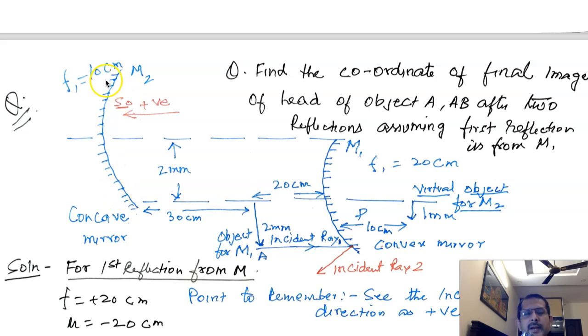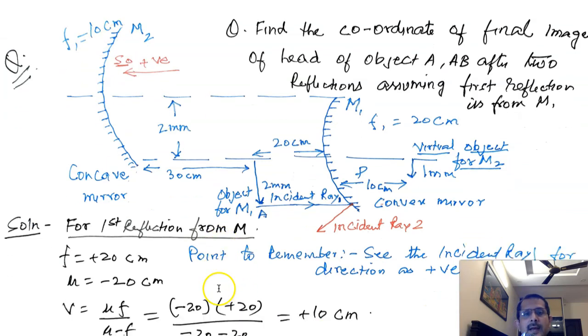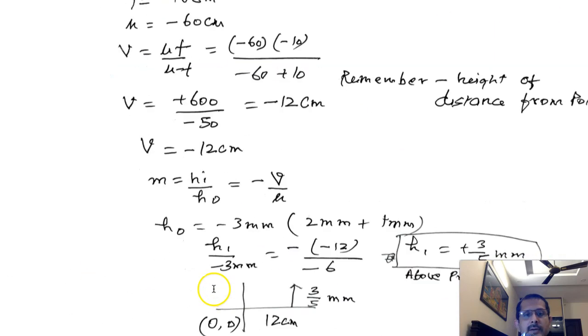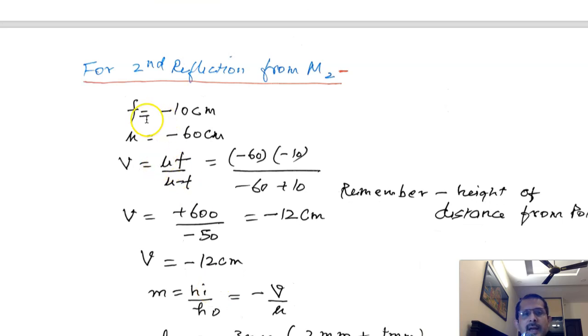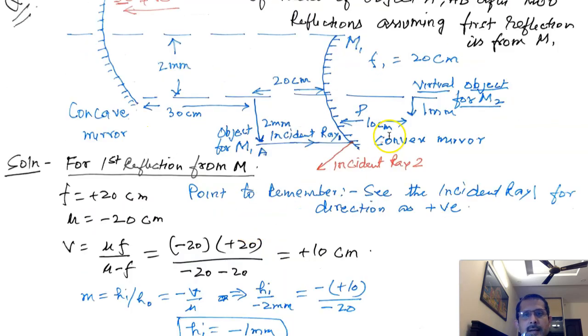In the concave mirror, focal length f is equal to minus 10. Let me quickly go to the calculation. Here is the calculation. f is equal to minus 10, u is equal to minus 60 centimeter. Now what is this? See, this is 10, and this will become a virtual object for M2.